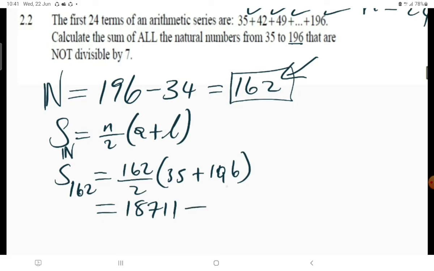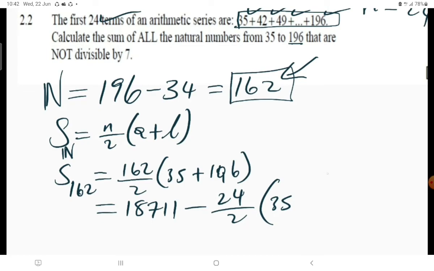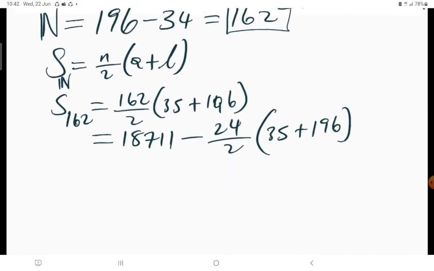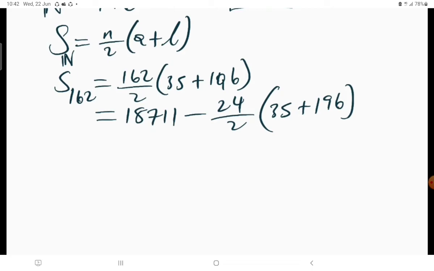So we need now to subtract the sum of all these numbers that are divisible by 7. We know that we are given the number of them, which is 24, so half of the work is done for us. Then we can use the very same formula: in the place of a we put 35, and in the place of the last term we put 196, since we are subtracting all the numbers divisible by 7 to get the remaining sum.